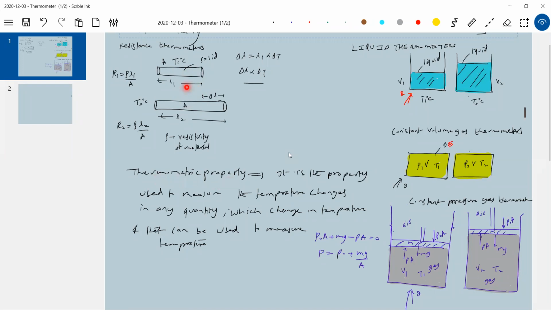So in the first diagram, what is the thermometric property? Change in length. Second diagram, what is the thermometric property? Change in volume. Third diagram, what is the thermometric property? Change in pressure. Fourth diagram, what is the thermometric property? It's like a volume of a gas. So I'll write it here.